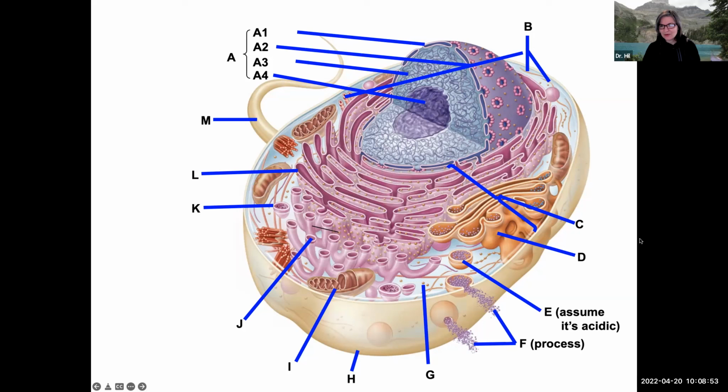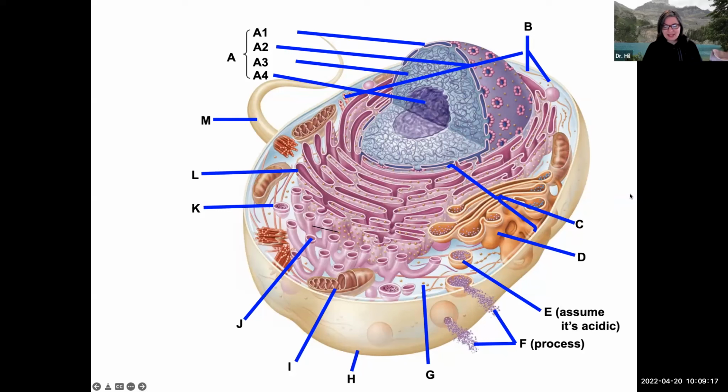Okay, next we're going to ask Charisse for F. F is a process where something is being dumped outside the cell. So what might we say about that? Charisse, any guesses? Sorry, can I pass on that one?